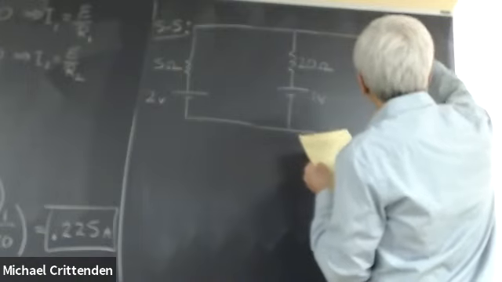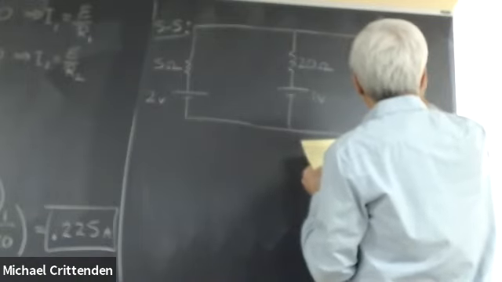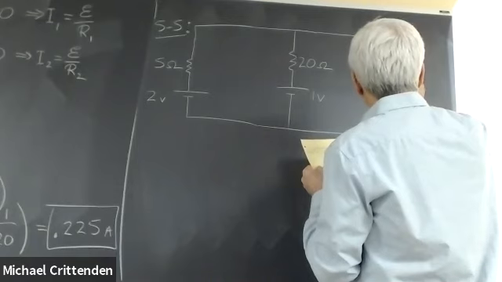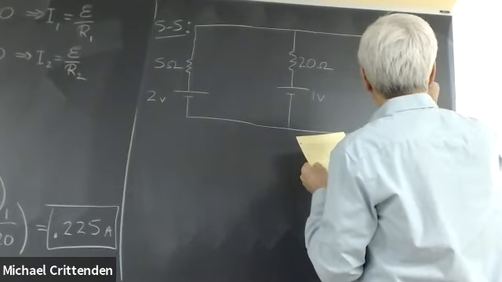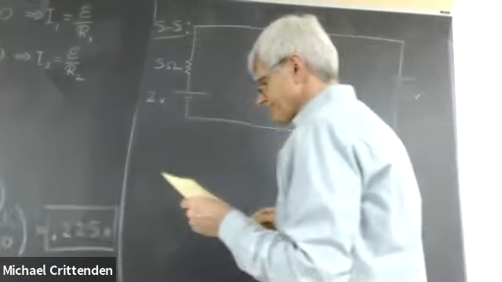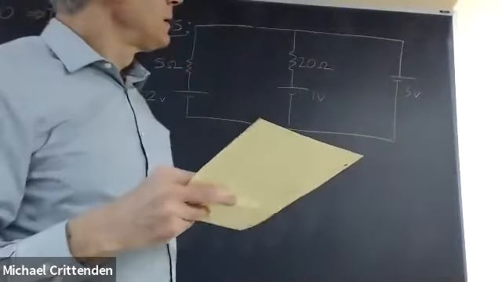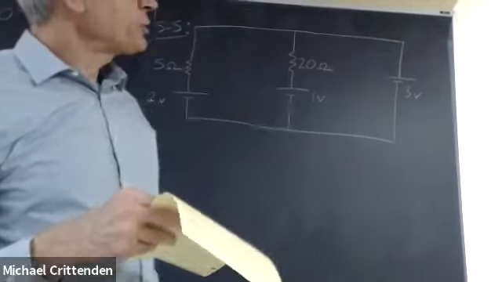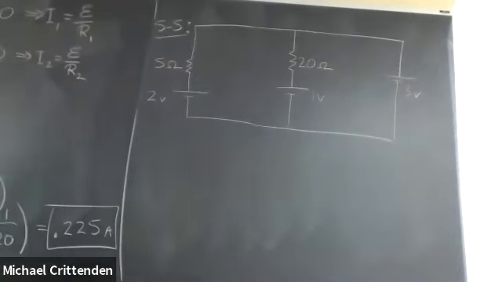Over here, no resistor, just a 3-volt battery. Or maybe it's a power supply, something like that. Find the current through each battery. So it's a question with 3 answers.